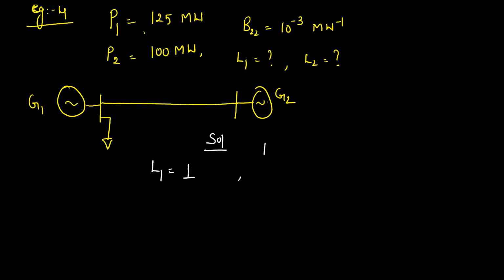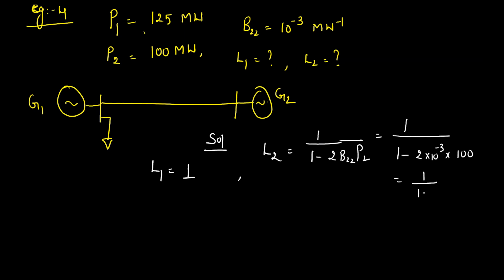For calculating the penalty factor L2, it is 1 by 1 minus 2 into B22 P2. So this value will become 1 minus 2 into 10 power minus 3 into the generation P2, which is 100. So it will become 1 by 0.8, which is 1.25. So L1 is 1, L2 is 1.25.